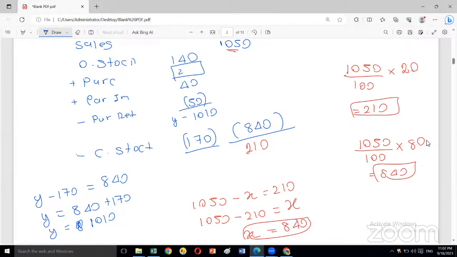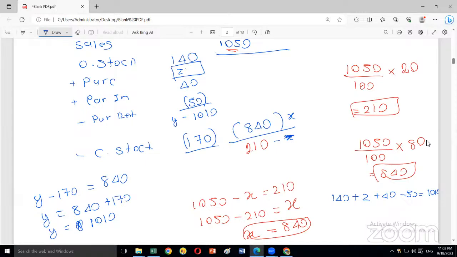So how to find the z? 140 plus z plus 40 minus 50 should be equal to 1010. So I'll use the equation here. 140 plus z plus 40 minus 50 should be equal to 1010. Now I want to find the z.